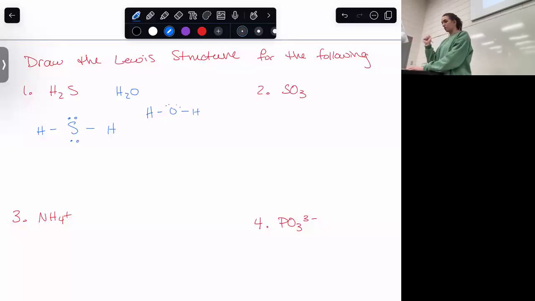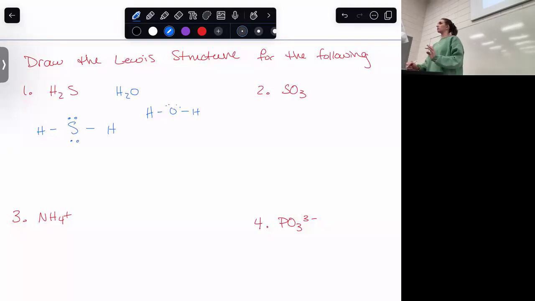We said H2O also looks like this. Oxygen and sulfur are right underneath each other on the periodic table, so they will have very similar structures when you pair them with hydrogen or anything like that. Because they both have 6 valence electrons, and then your hydrogens have 2. So that's fun there.